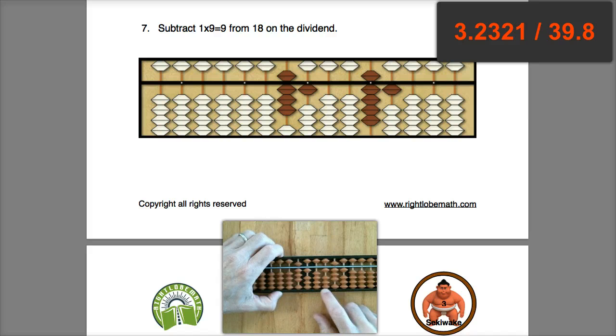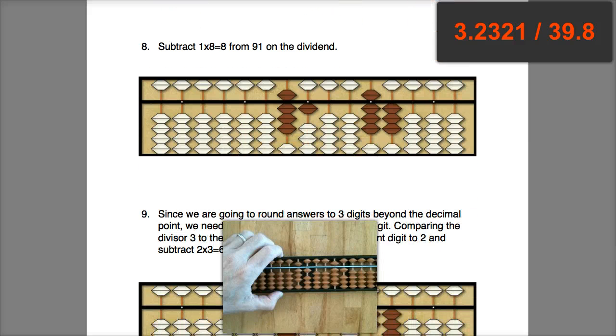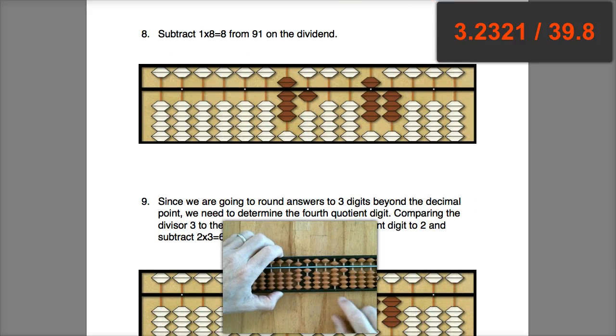And then we'll subtract 1 times 9, which is 9, from the 18. And we'll do that like that. Okay, continuing on, we'll subtract the 1 times 8, which is 8, from the 91. And we'll do that like that.